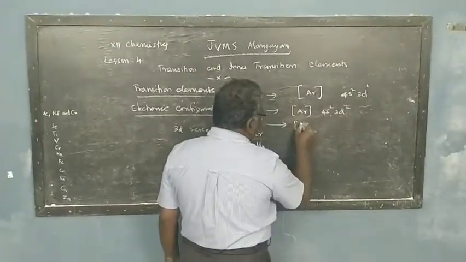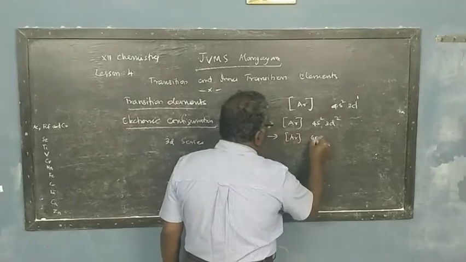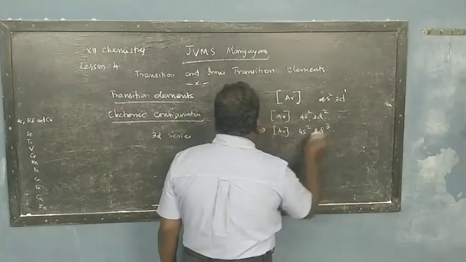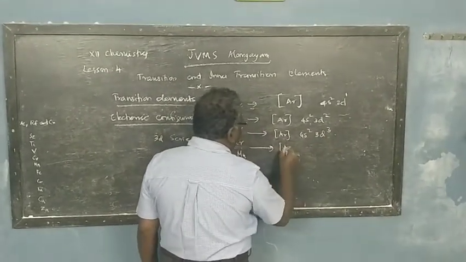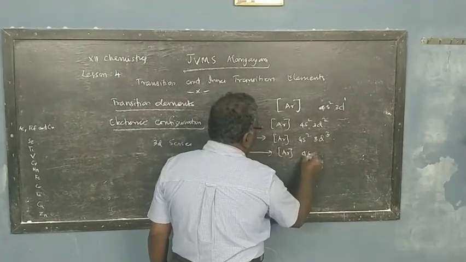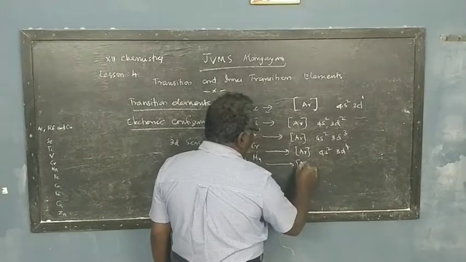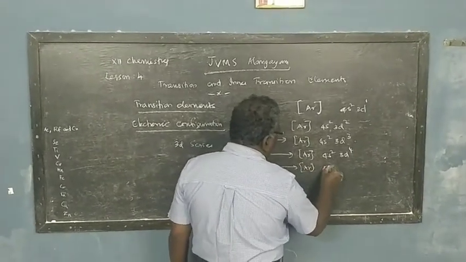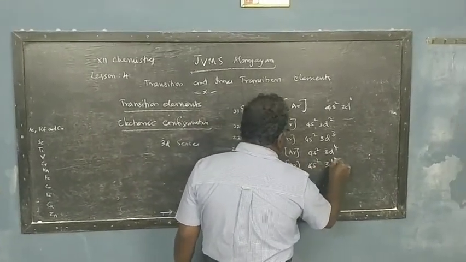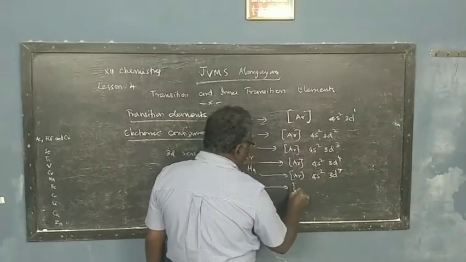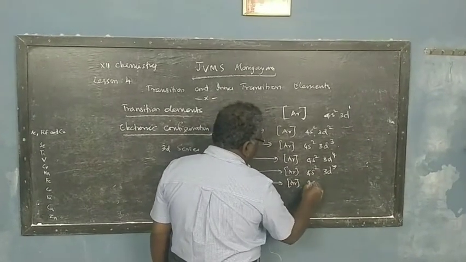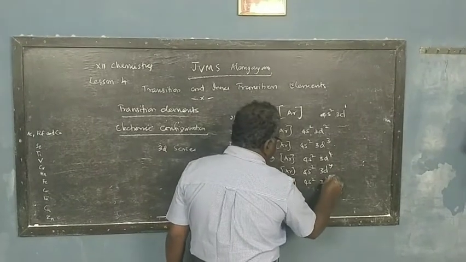Vanadium will have argon configuration 4s2, 3d3. Chromium will have argon configuration 4s2, 3d4. Manganese has argon configuration 4s2, 3d5. Iron will have argon configuration with 4s2, 3d6.